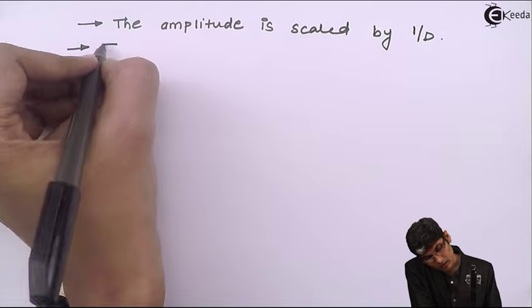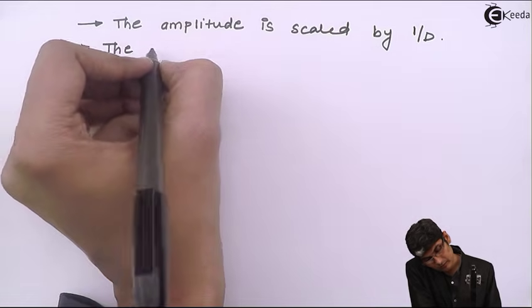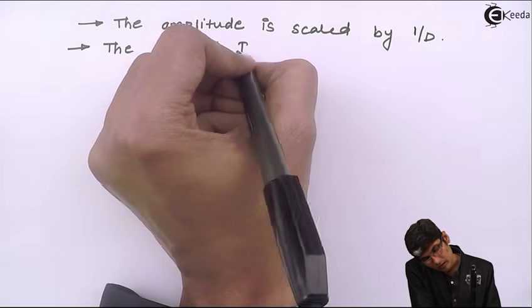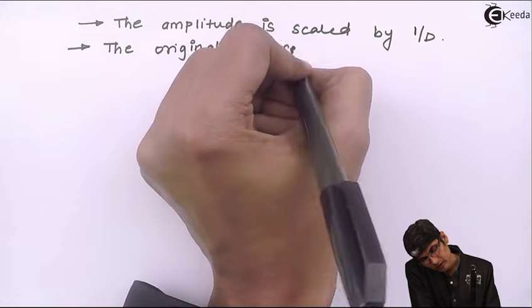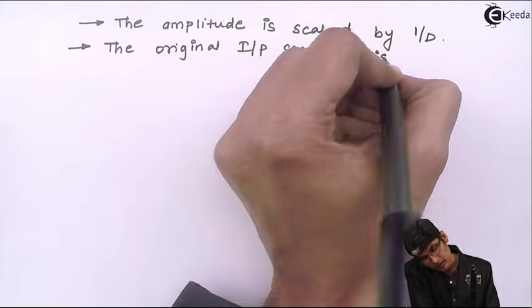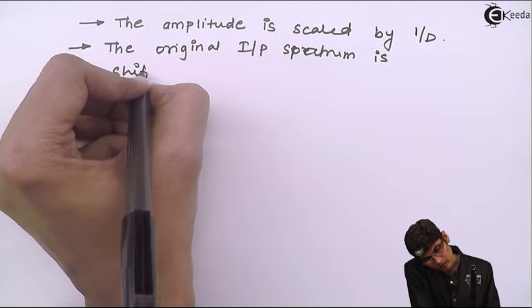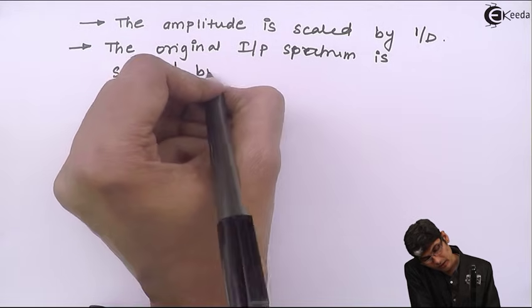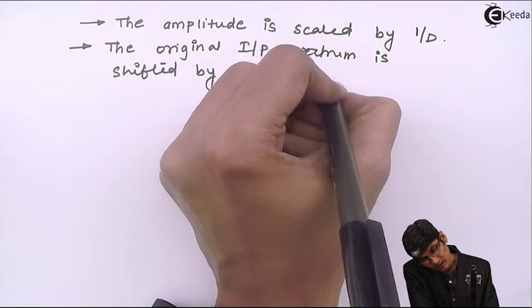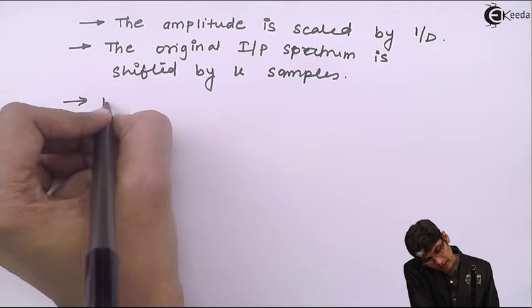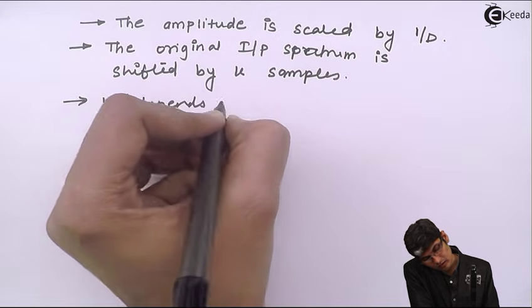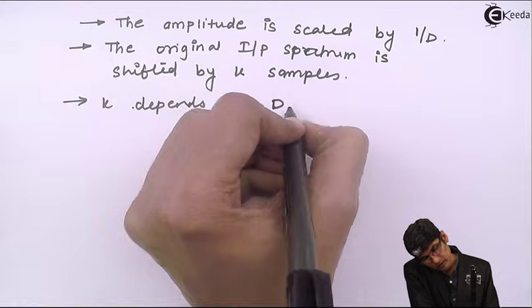Second, the original input spectrum is shifted by k samples, and k depends on d.